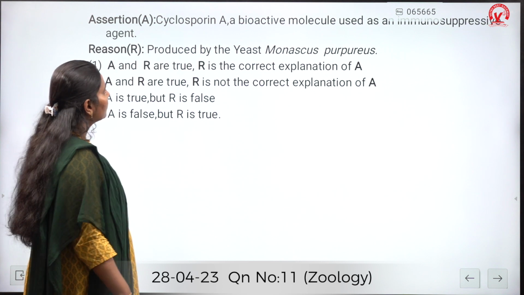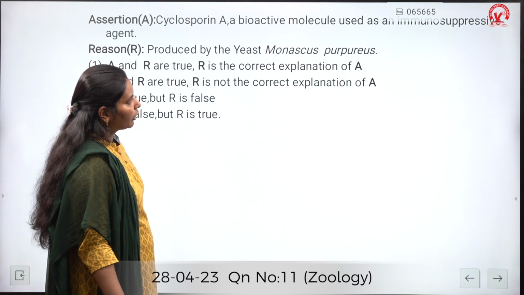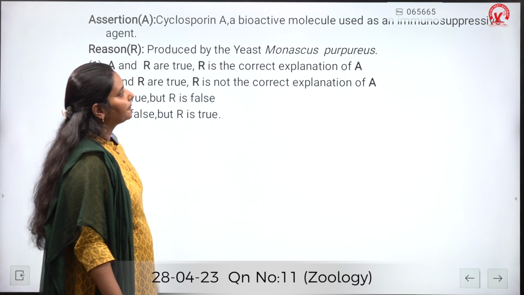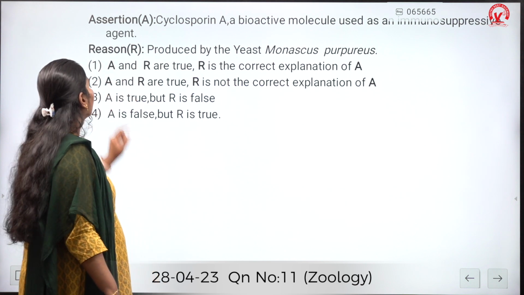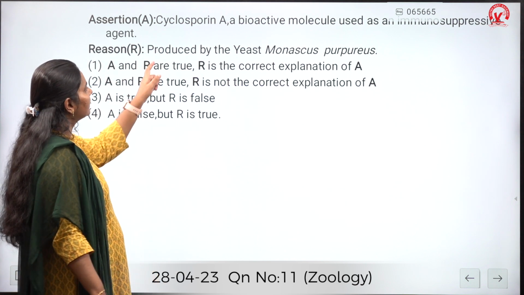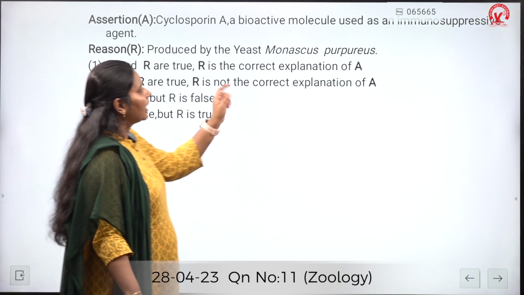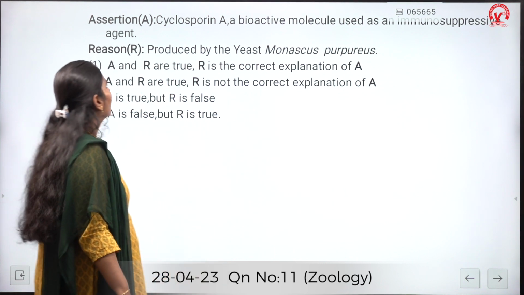Assertion: cyclosporin A, a bioactive molecule, is usually used as an immunosuppressive agent. And the reason given here is it is produced by the yeast Monascus purpureus.